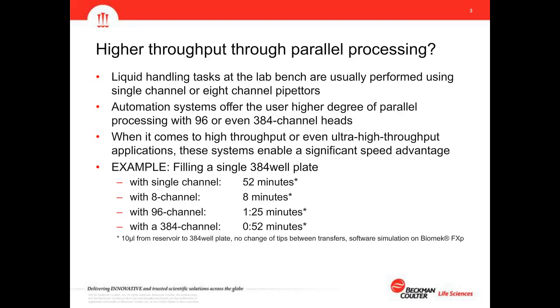All of that is available in laboratory automation as well, but on top of that, laboratory automation does offer the user a higher degree of parallel processing with, for example, 96 or even 384-channel heads. When it comes to high throughput or even ultra-high throughput applications such as screening, for example, or high throughput genomic extractions, these systems enable a significant speed advantage.